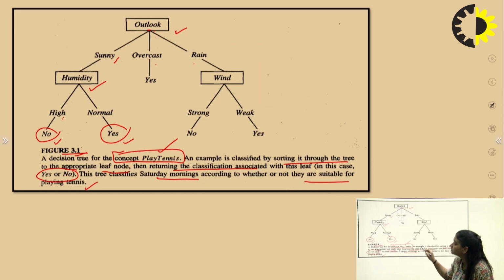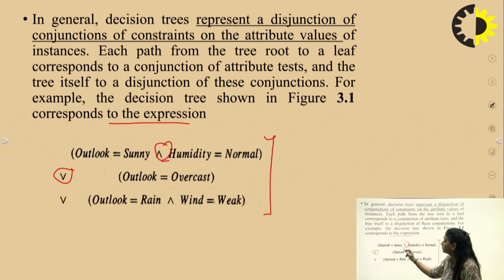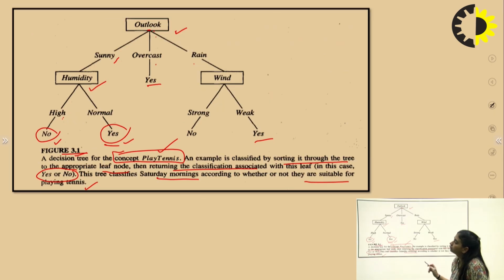So here we are considering only the yes categories. So we write outlook is equal to sunny and humidity is equal to normal. We are applying AND here because we are getting yes only after checking the humidity. If the humidity is normal, then it is perfectly fine for a person to play tennis.